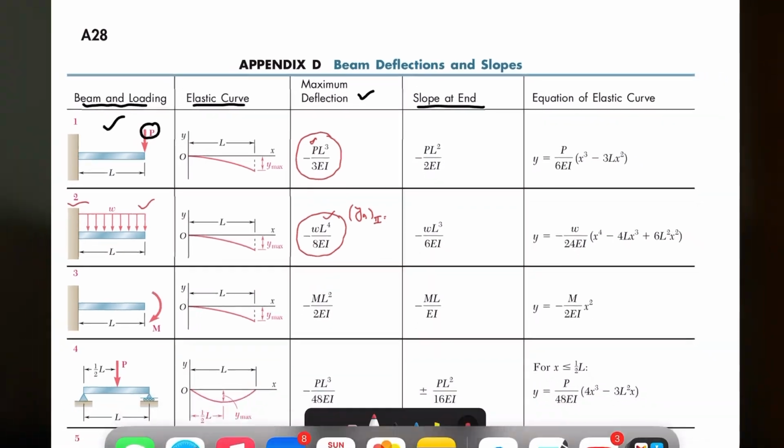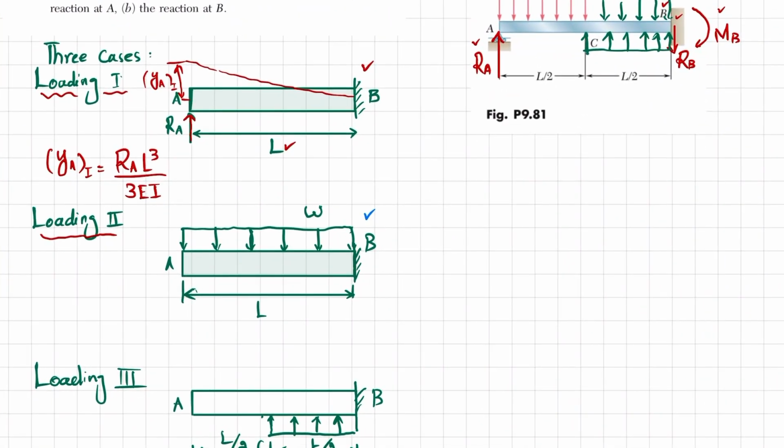So I will write this for case 2, YA2 will be equal to minus WL^4 over 8 EI. So it means that due to this loading, this beam will deflect like this, and this is the YA2.